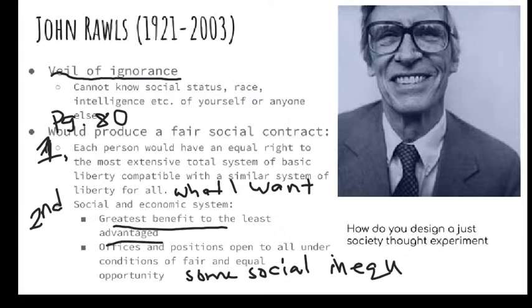So he argued some social inequalities would be to the benefit of everyone. For example, as long as everyone has the option to become a doctor, under the veil of ignorance, they agree that ultimately it's best for society that doctors get paid more than, say, trash men.